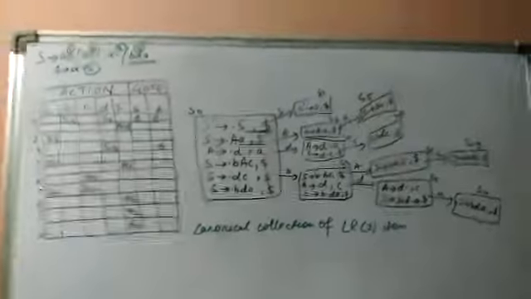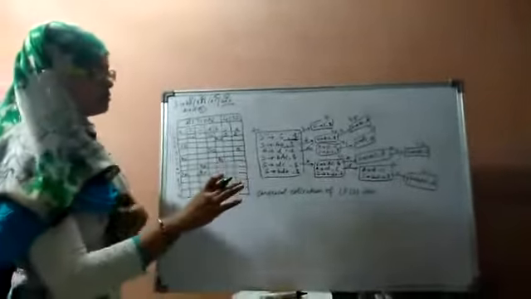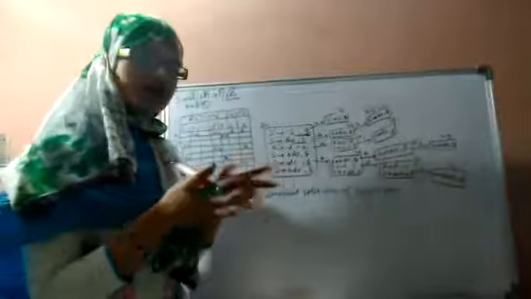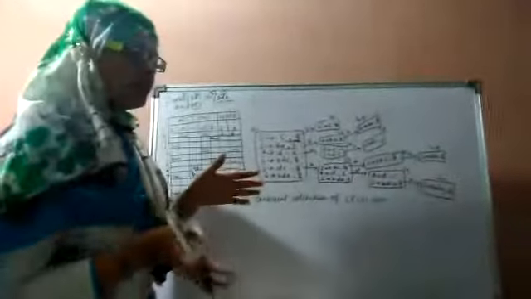The only difference between the LR and CLR is in this action and go to part, where if suppose the example where there are so many entries which are in conflict, in which the rows and the columns are similar, then we will reduce one column and combine it into one.